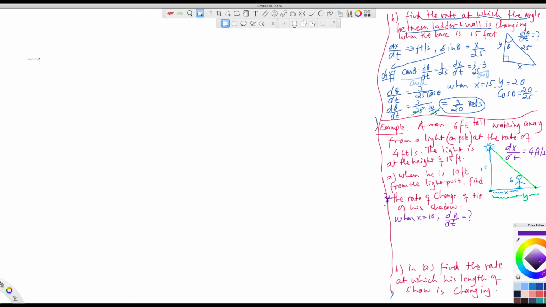So the question is asking, when x is 10, you need to find out the rate of change of the length of his shadow. This is his shadow, right? How much is this length? This is y minus x, right? So what it is asking is d over dt of y minus x equals what? This is what it is asking.